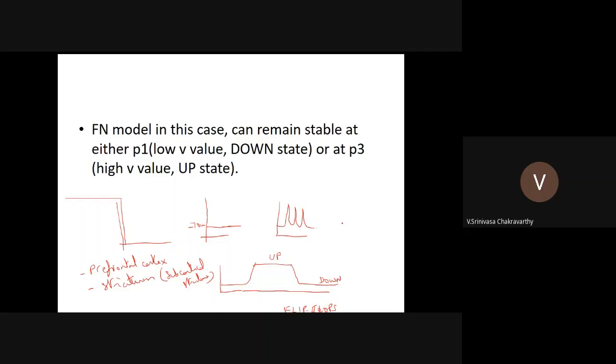If another input signal is, say, the set or reset, this voltage can remain in its previous state forever, and it can memorize it. So you can latch your voltage value at the given value forever until you erase it again. So these are the kinds of units that you can use as memory devices.